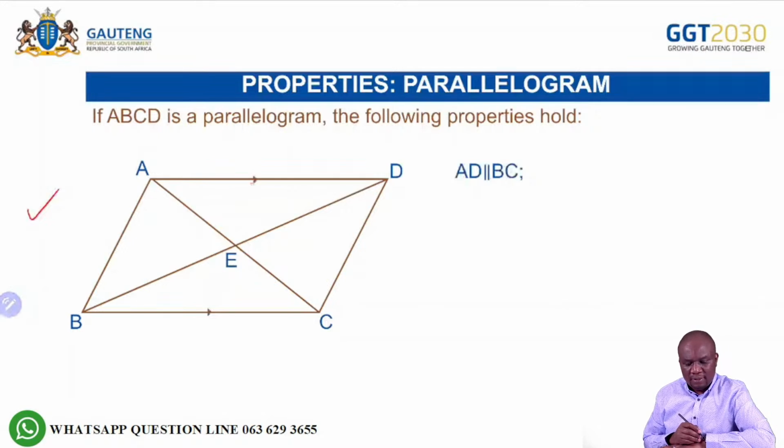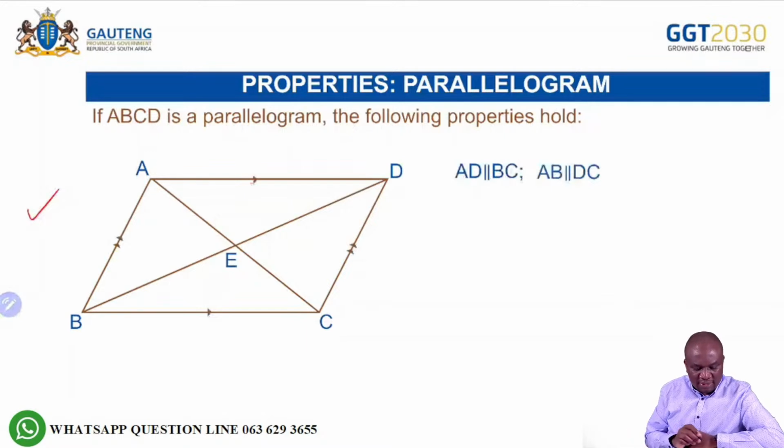And AB is parallel to DC. Please add the arrows. Do you see I've added 2 arrows there? Don't add my ticks, just the arrows only. AB is parallel to DC. You write this and add the information on the diagram. Okay, right.